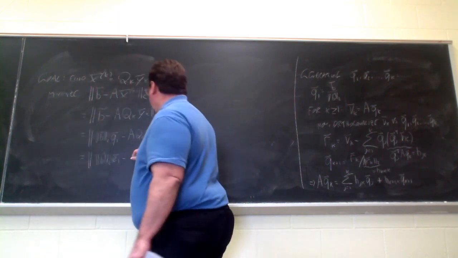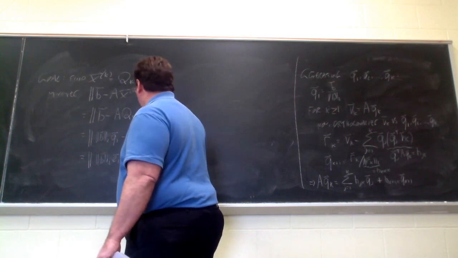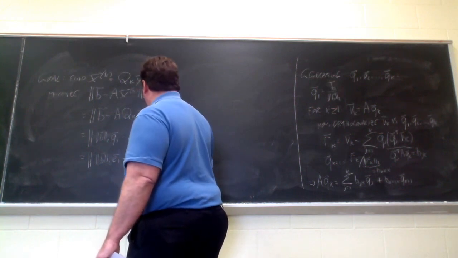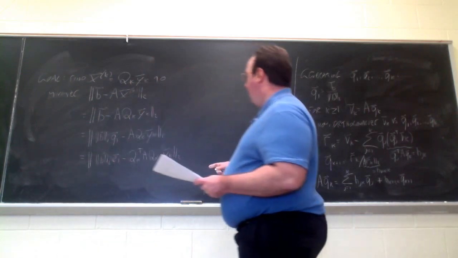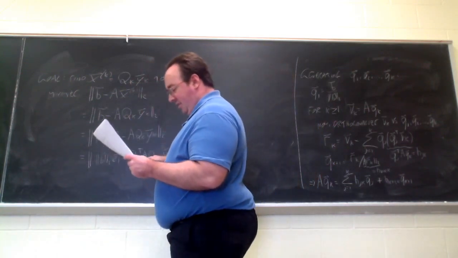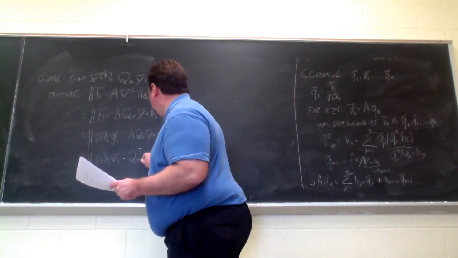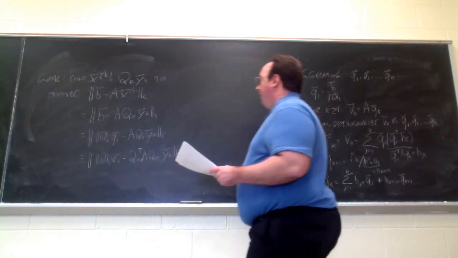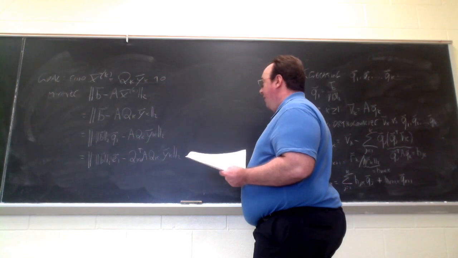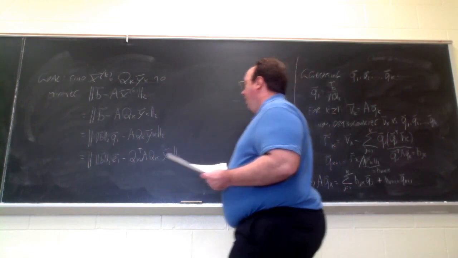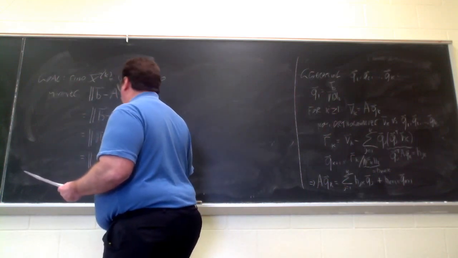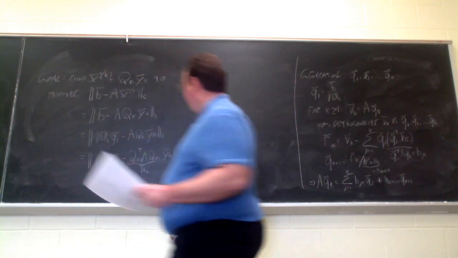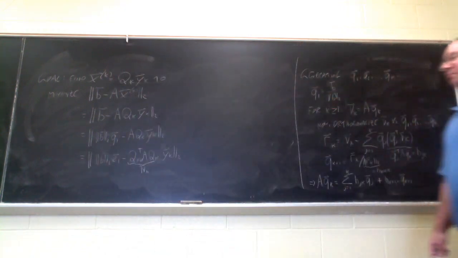And then here I get Q_k transpose A Q_k y_k. But actually it's Q_{k+1}. That's what I need to do here. But this turns out to be H_k tilde, the Hessenberg matrix that I have over there.